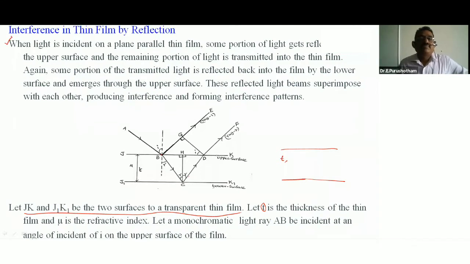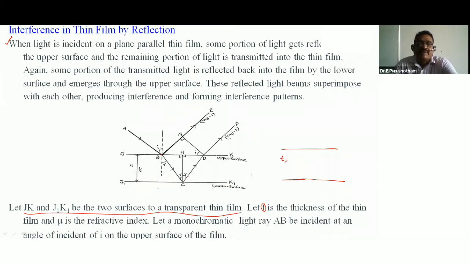When light is incident on a plane parallel thin film, some portion of light gets reflected from the upper surface and the remaining portion is transmitted into the thin film. Again, some portion of the transmitted light is reflected back into the film by the lower surface and emerges through the upper surface.